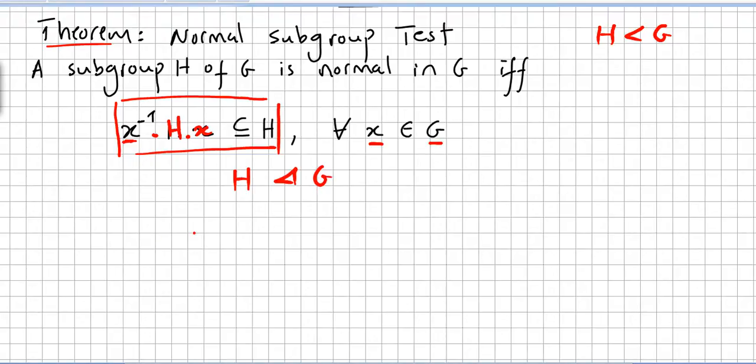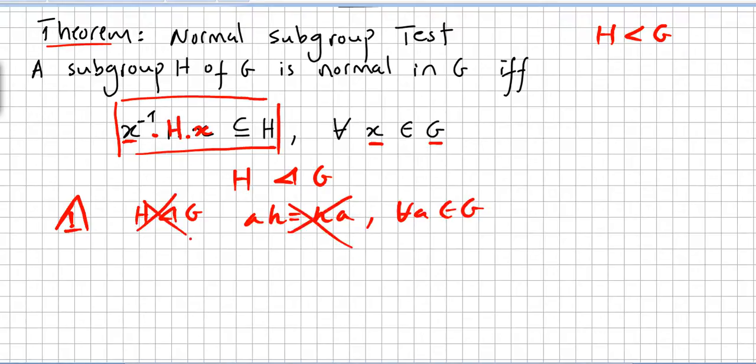I want to call your attention immediately to a very important point. Many students make the mistake of thinking that H is normal in G means AH equals HA for all A in G, and this is not true.